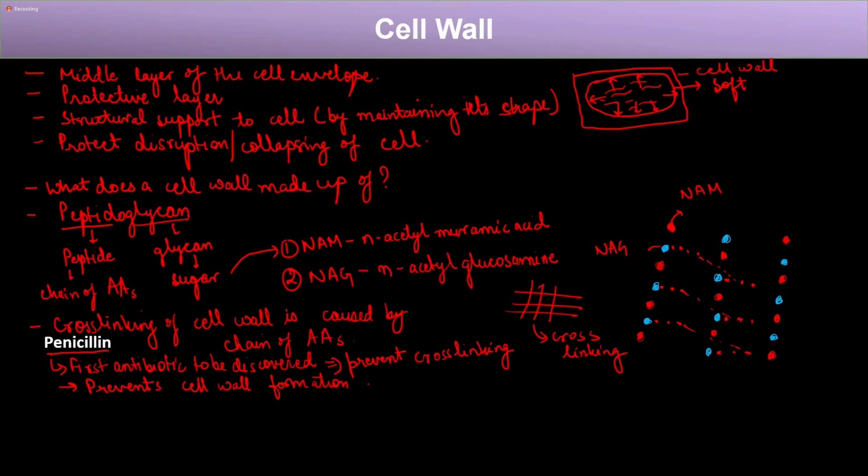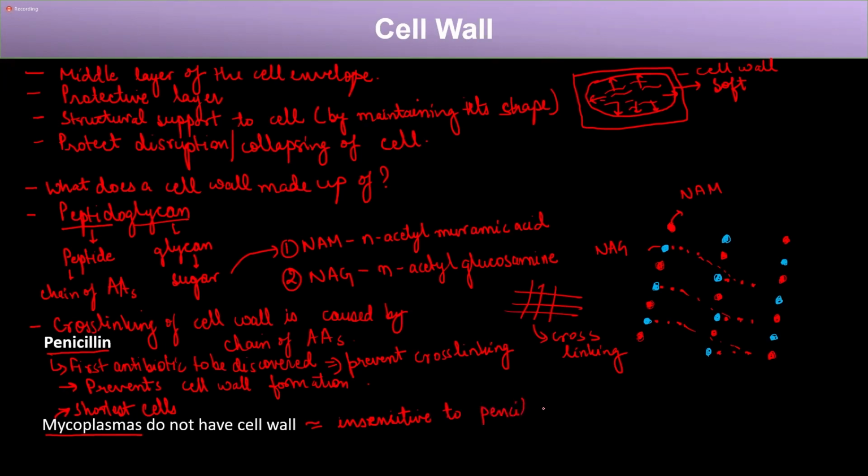But does it mean that all prokaryotic cells have a cell wall? No, because we have studied the term mycoplasmas. These are also prokaryotic cells, a type of bacteria, which are the shortest cells, and they do not have a cell wall. So they are insensitive to penicillin.